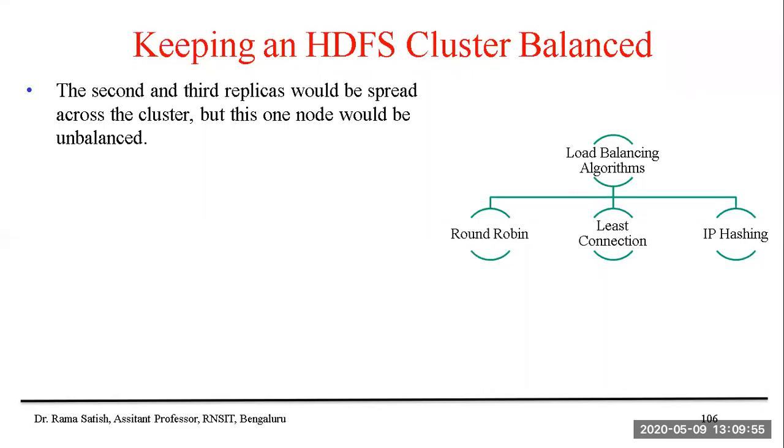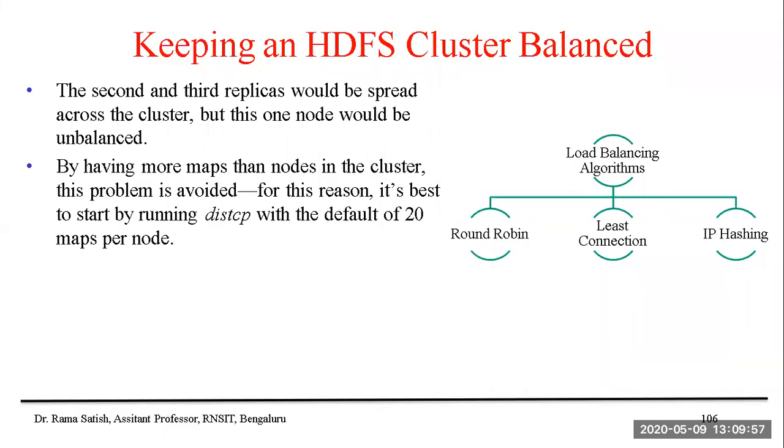So it will create imbalance, and it will create a lot of problems with respect to the reading and writing of data later. So if distributed copy, parallel copying, is having 20 maps, 20 maps means 20 workers. So what happens if 20 workers are there?